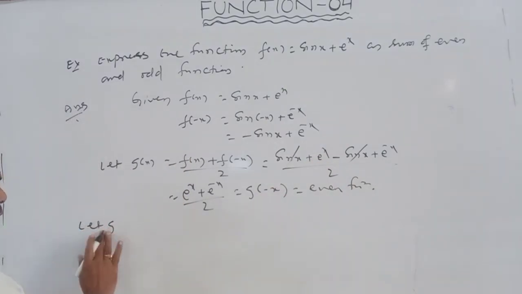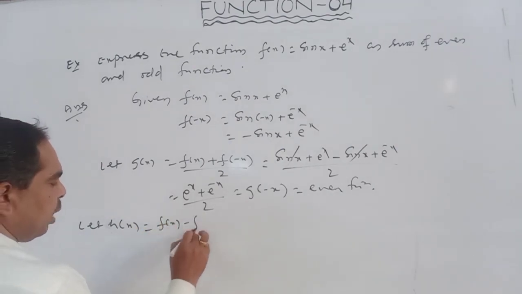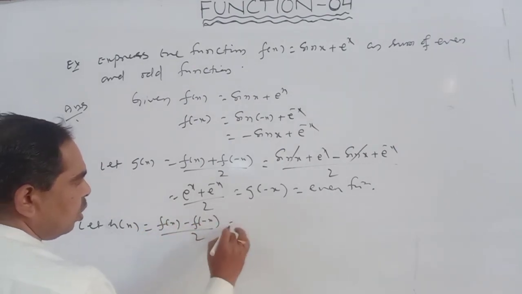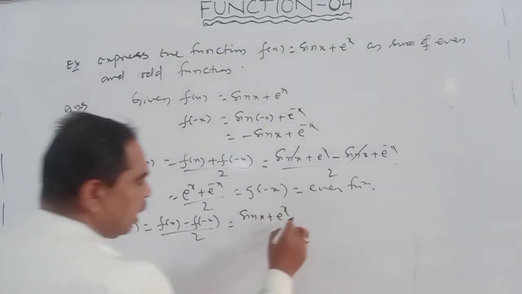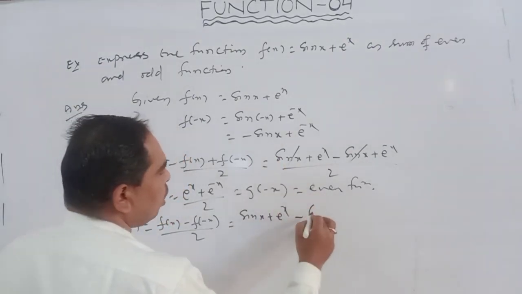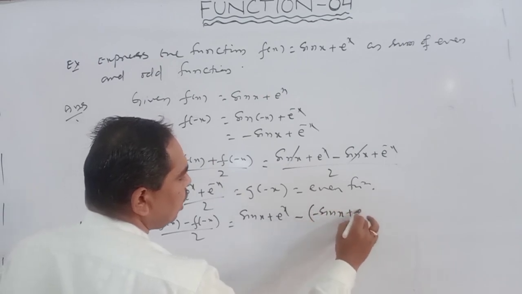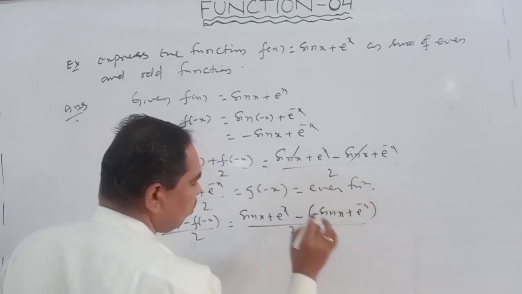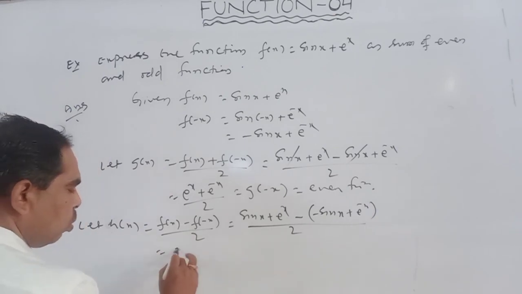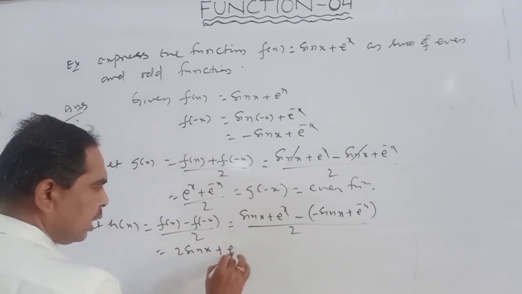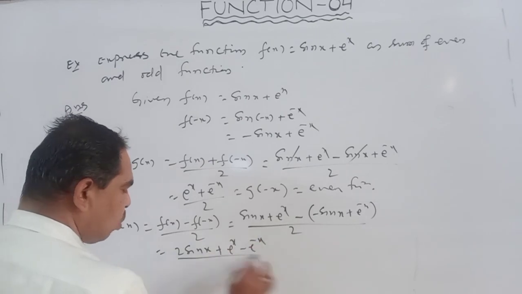Let h of x is equal to f of x minus f of minus x by 2. So sin x plus e to power x minus of minus sin x plus e to power minus x, divided by 2. Okay. So this is equal to 2 sin x plus e to power x minus e to power minus x, whole divided by 2.